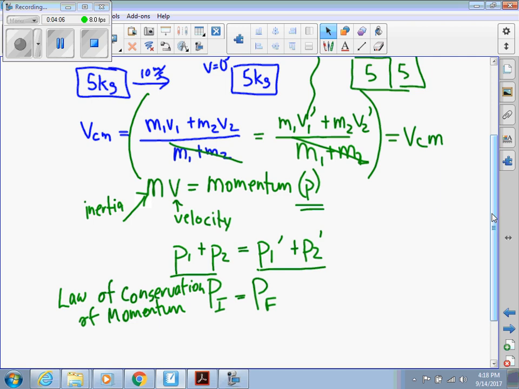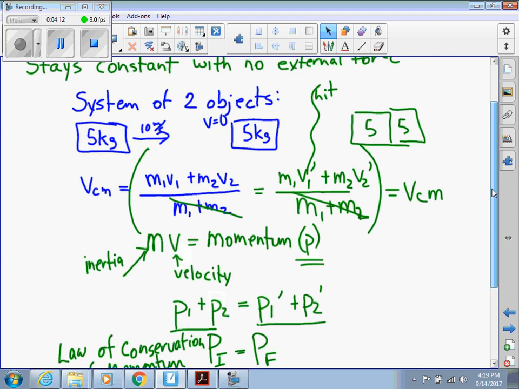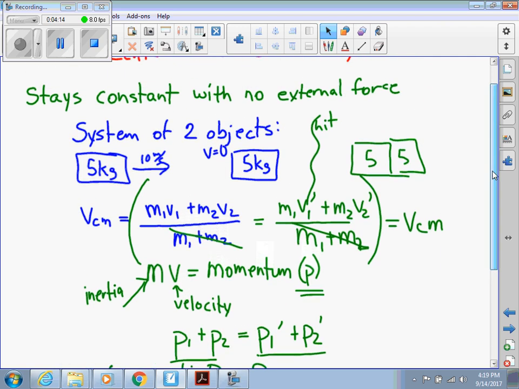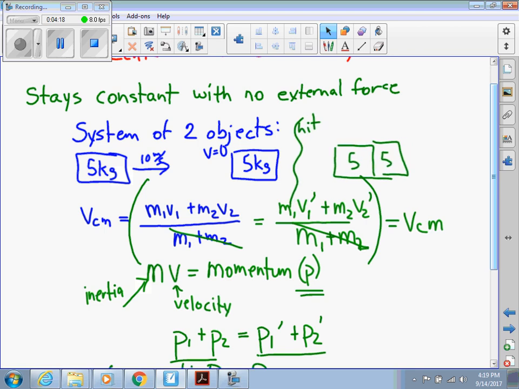If there's no external forces present, then the momentum remains constant. And so if we go back up to this problem that we had before, where we had our two 5 kilogram masses, and they eventually collided and stuck together, we could figure out how fast this system is moving after.